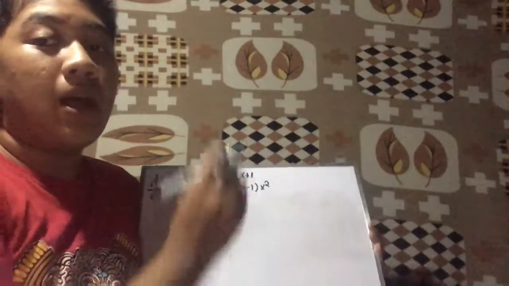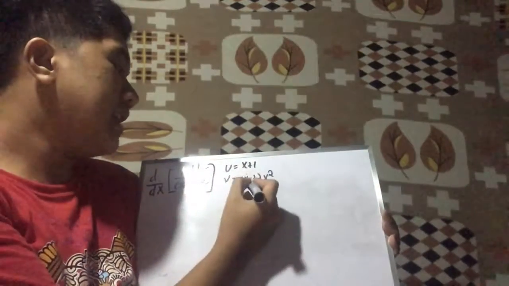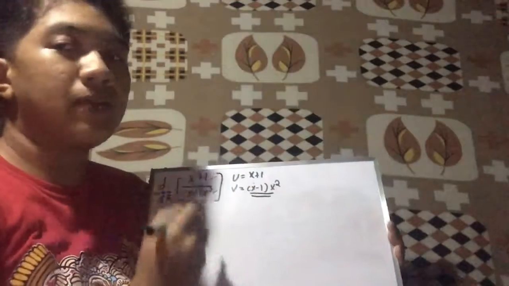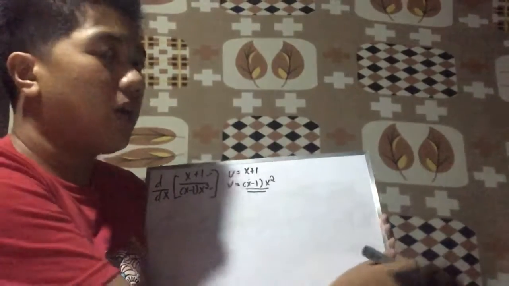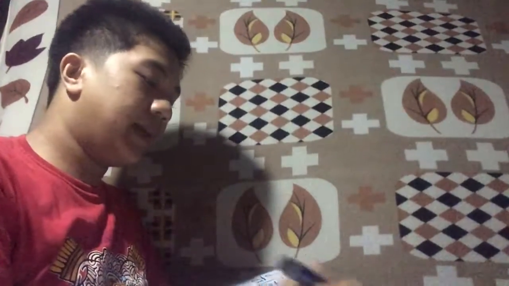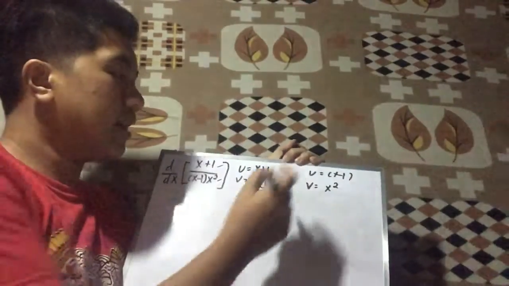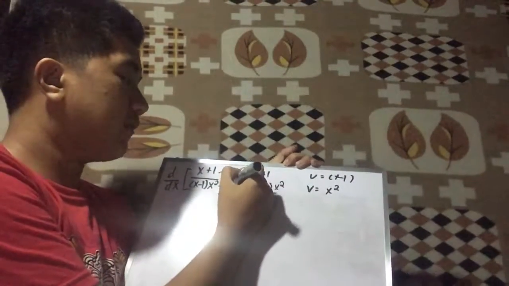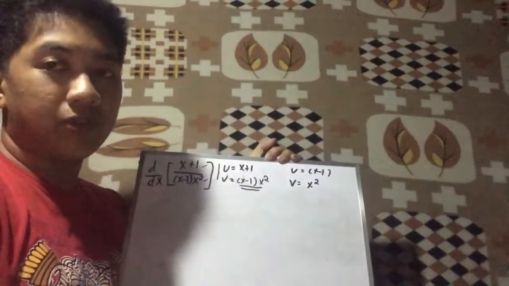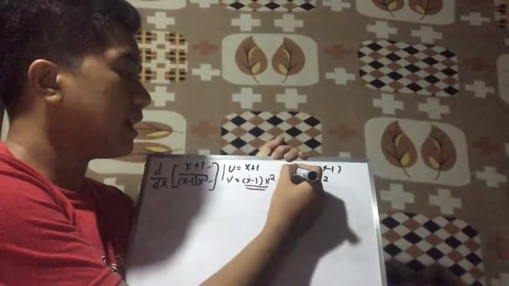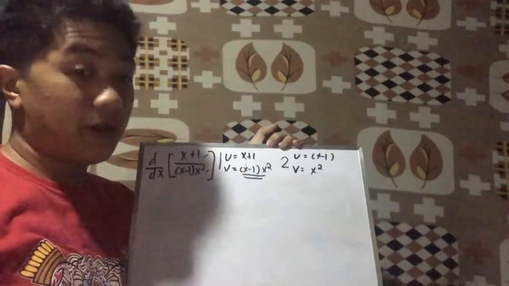But since this will show up as a product rule, we are also going to assign its parts. So x minus 1 will be our u, while x squared will be our v. The first one is our quotient rule representation, and the second one is our product rule representation.